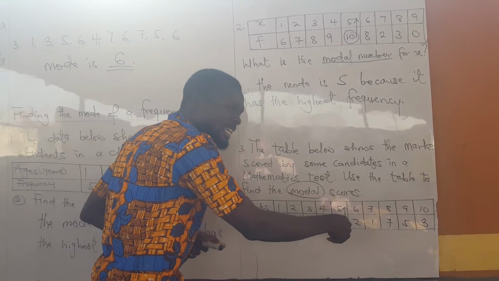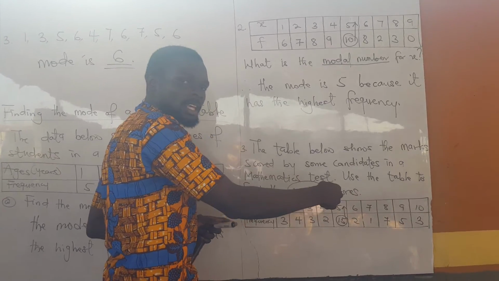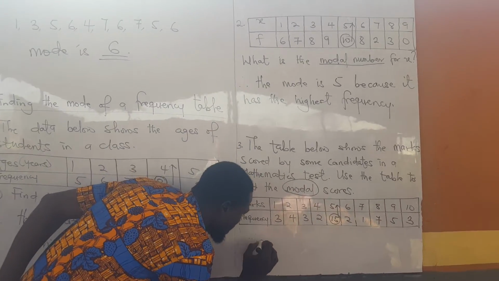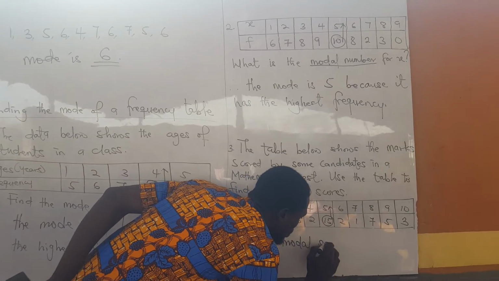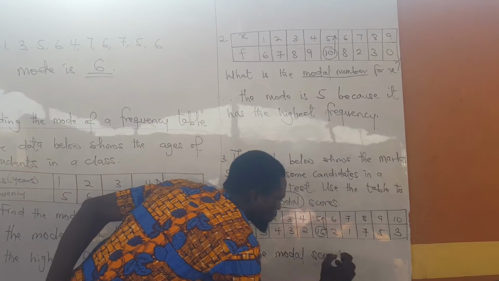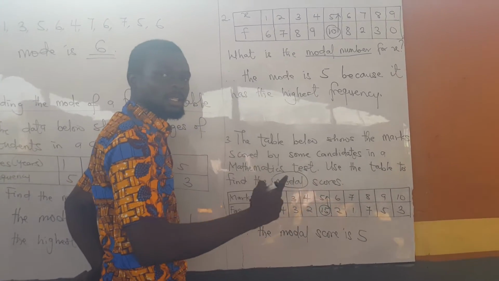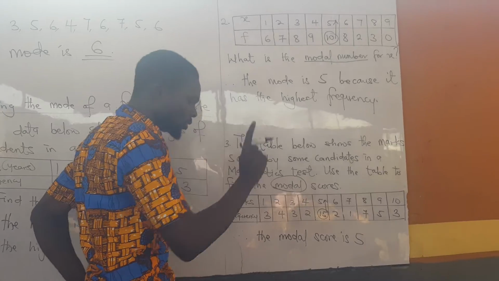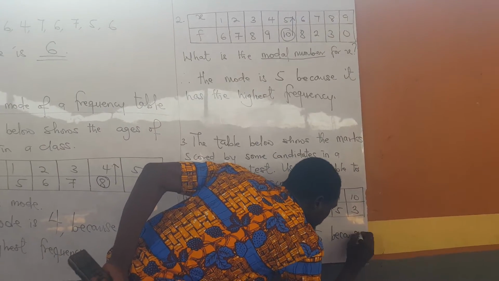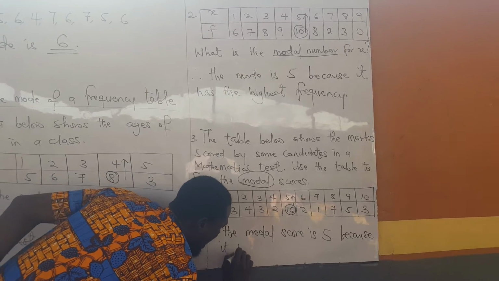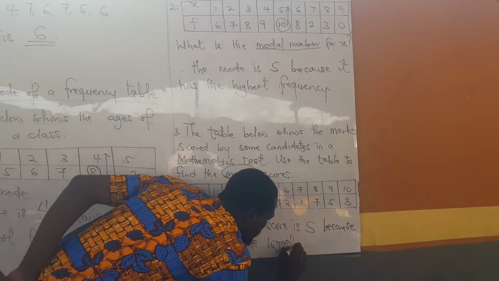Because the 15 is the highest frequency in the table, we are going to say that the modal score is 5, because we link the highest frequency to its corresponding value. So the modal score is 5 because it has the highest frequency.